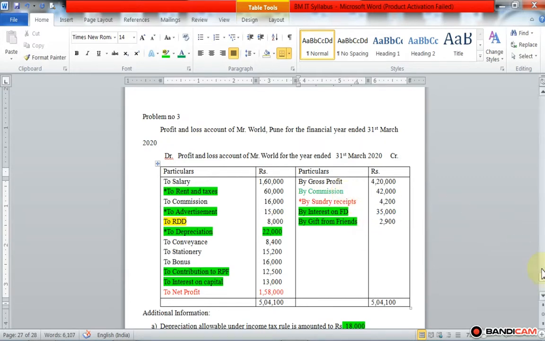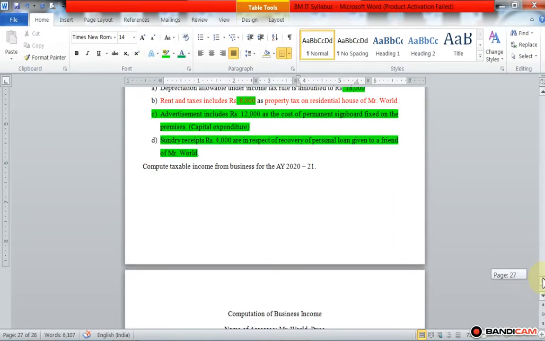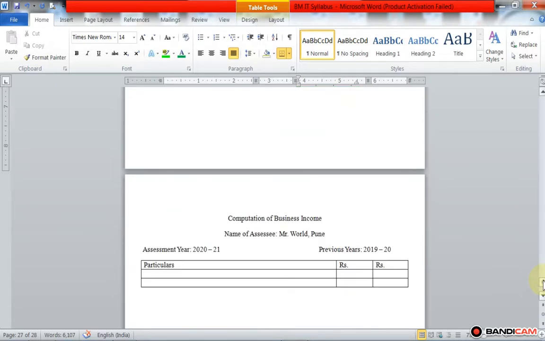Now we solve the problem here. Prepare a format, that is computation of business income, or computation of taxable or total income from business. Name of assessee Mr. World, Pune. Assessment year 2020-21, previous year 2019-20.